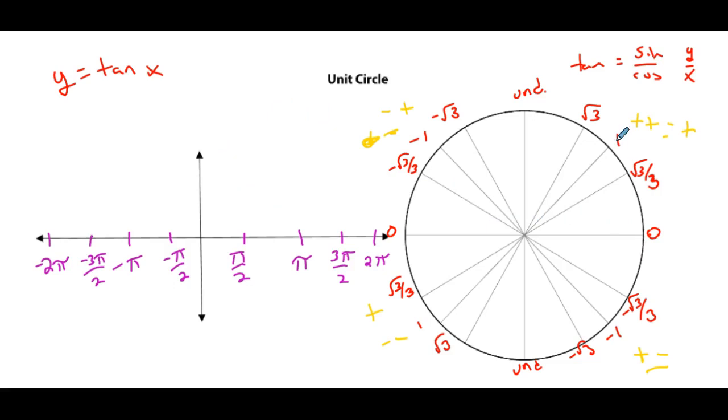So again, our asymptotes will exist here when it is undefined. So that exists at pi over 2 and 3 pi over 2. It would also exist at negative pi over 2 and negative 3 pi over 2.